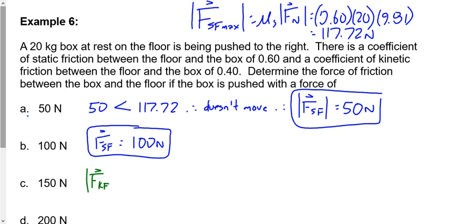F_k is equal to mu k times the normal force, which is 0.40 times 20 times 9.81. 0.4 times 20 times 9.81 gives me a value of 78.48, or 78 newtons.